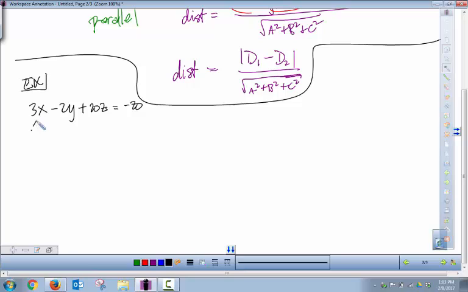So for this to be parallel, I need to have the same normal vector, right? And for this to be not the same plane, I need a different number for the d.